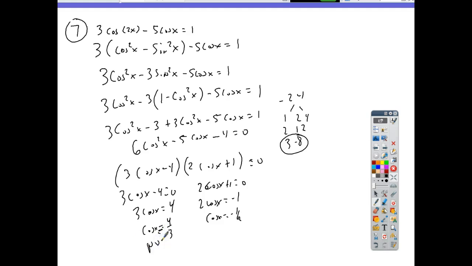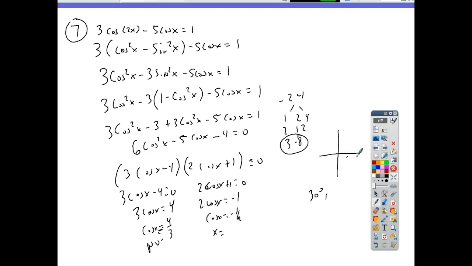Not a right answer. What about this one? Where cosine equals negative 1/2? What values of x give me negative 1/2? So when cosine is 30 degrees. Okay, I'll buy that. But it's also going to be true in what quadrant? It's cosine, so fourth is positive for cosine. Oh, I need negatives.